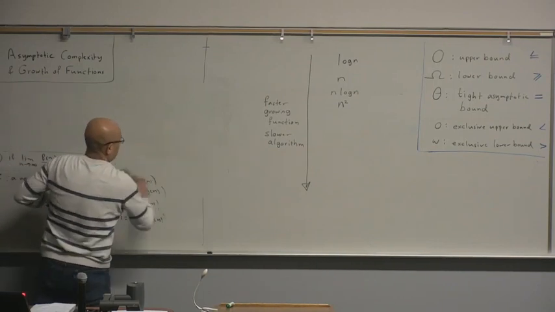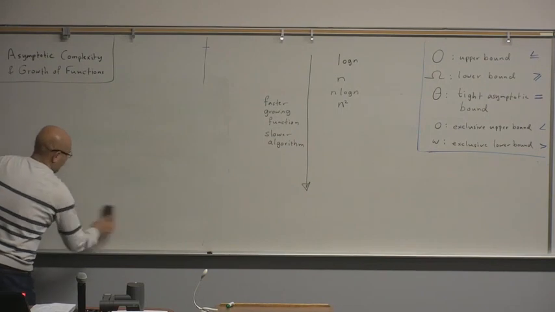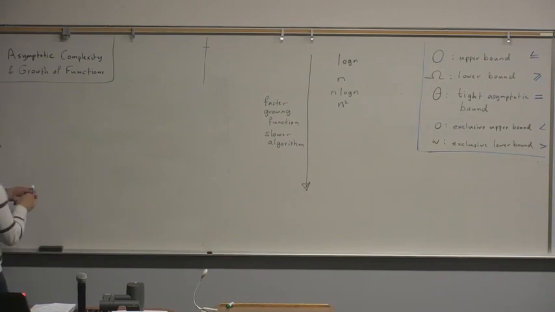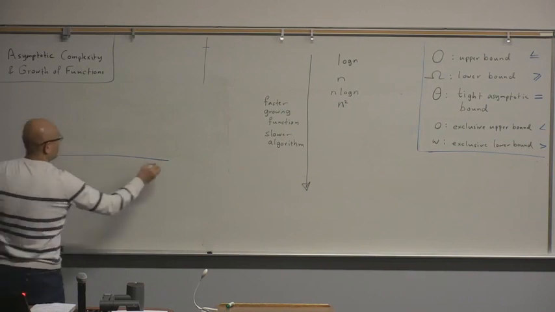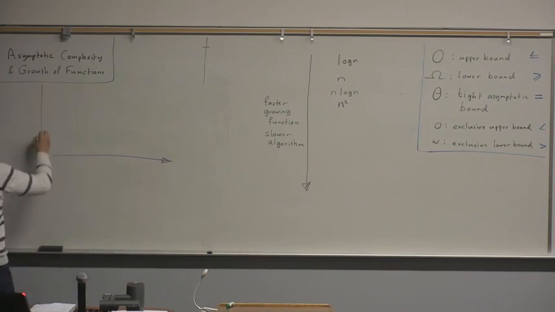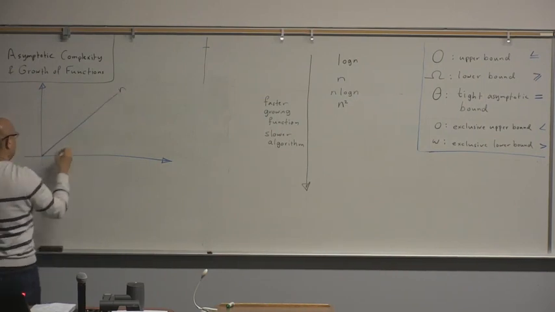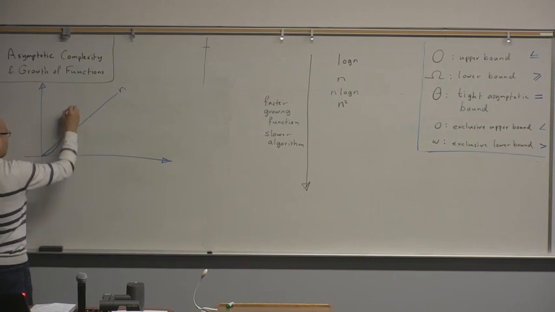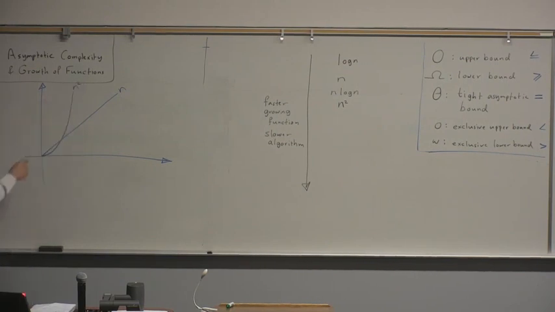So in fact, let's draw. Okay, so this is n, and this is n squared. So the function n squared grows faster. What does it mean grows faster?